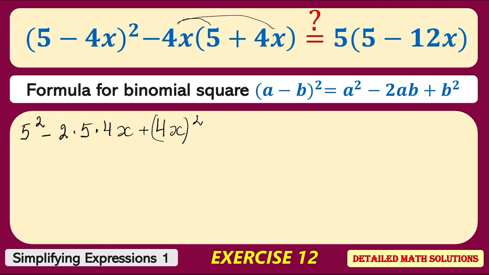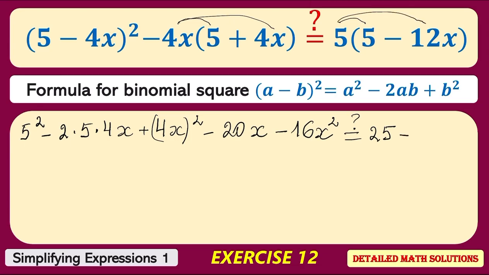Negative 4x multiplied by 5 is minus 20x. And then I have minus 16x squared. Then I need to prove that this equals 5 times 5, 25, minus 5 times 12x is 60x.